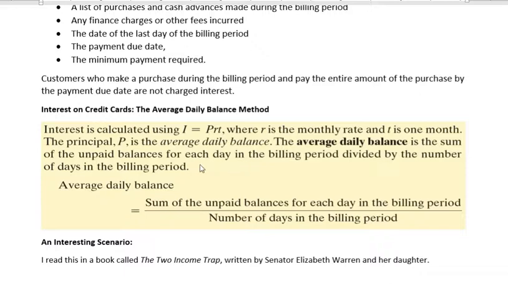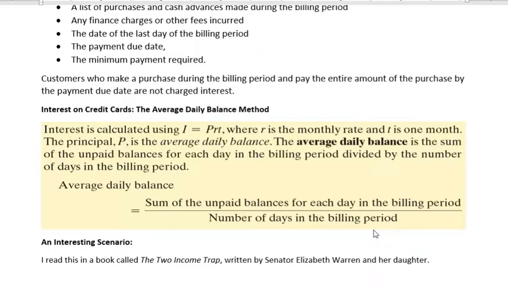And we also want to talk about the average daily balance. That's the principal. The average daily balance is the sum of the unpaid balances for each day in the billing period divided by the number of days in the billing period. So in February, that'd be a 28-day period, but other months are going to be 30 or 31, depending on that.